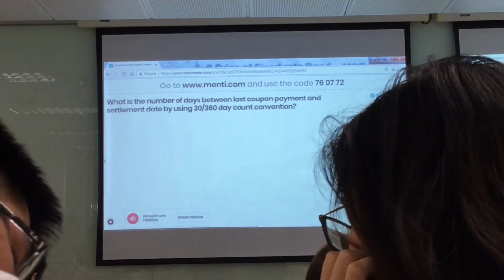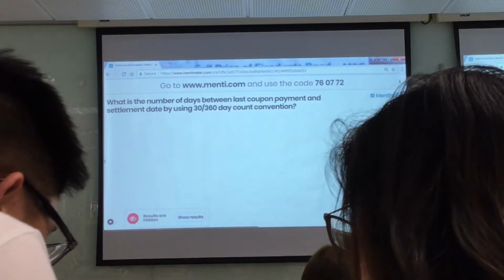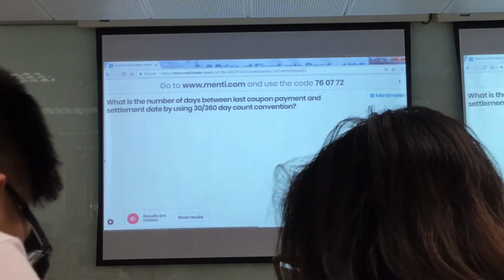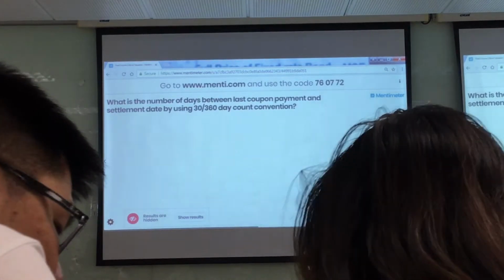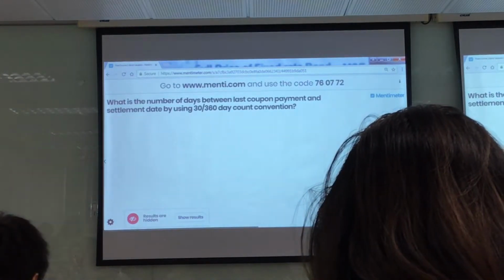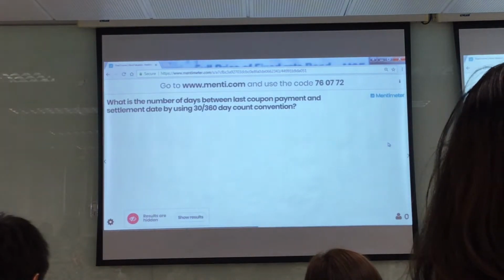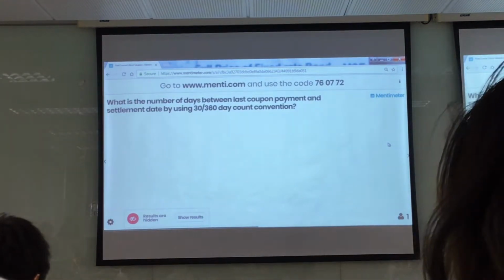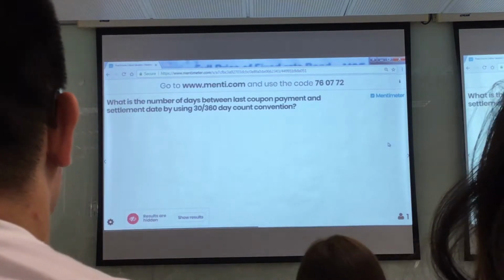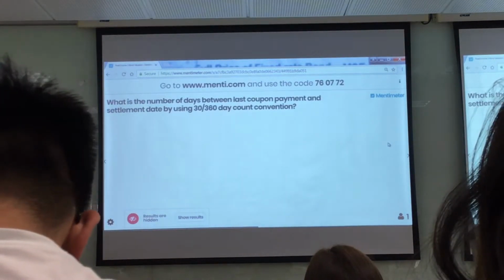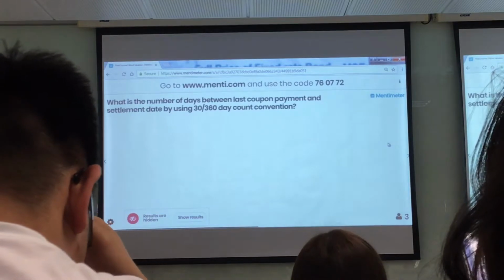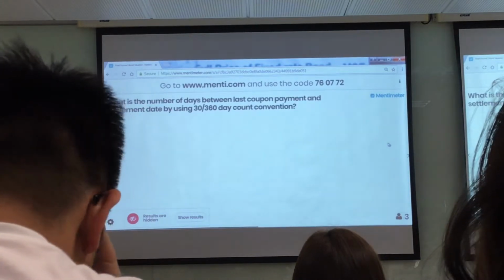Suppose in the same example, but I change from actual to the 30/360 day count convention, how many days are there between the last coupon payment, 15 February 2015, and the settlement date, 14 May 2015?